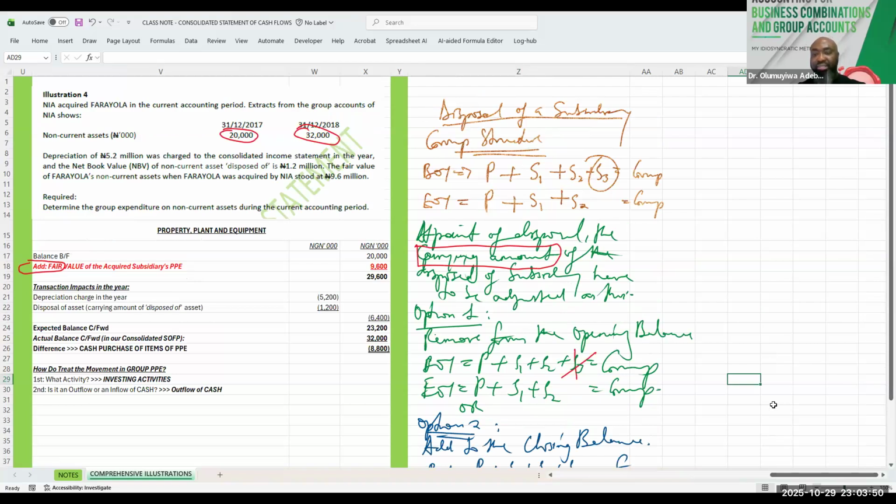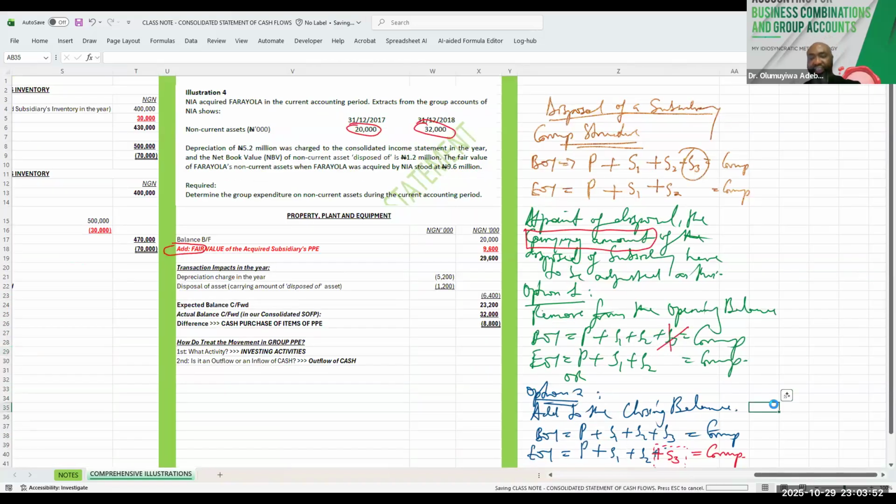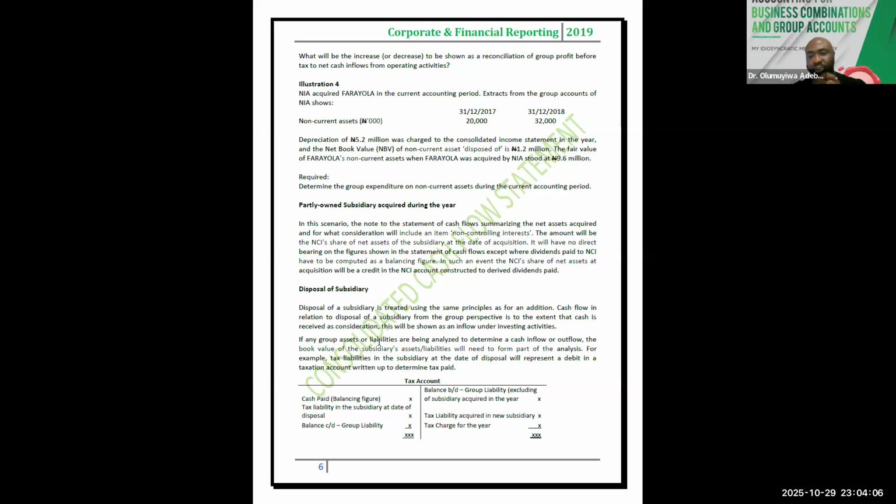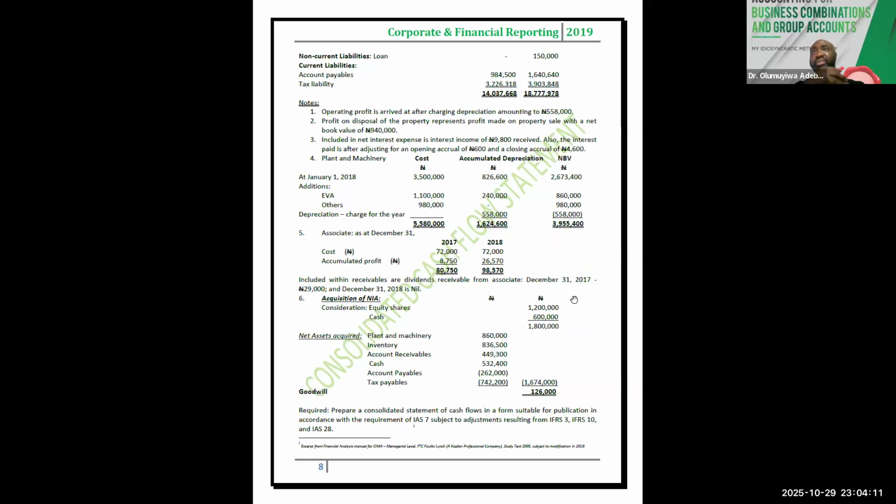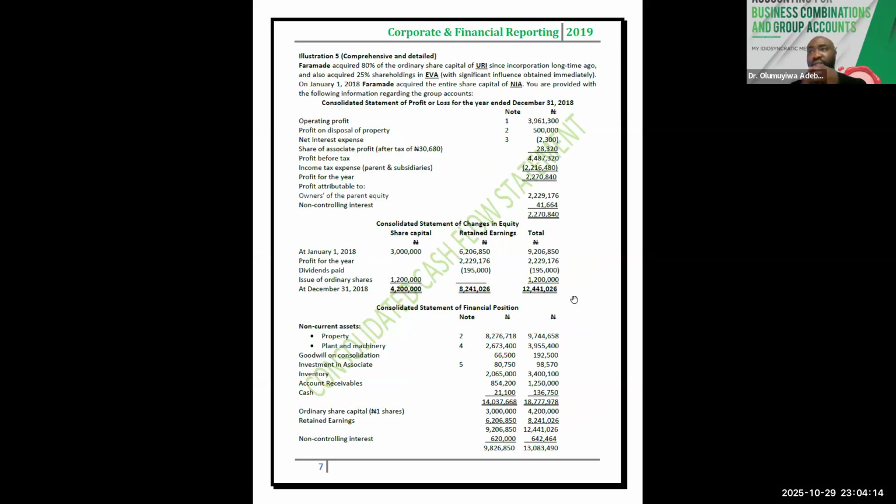On that premise, we finished the introductory aspect of consolidated statement of cash flow. What happens now is that in our next class, probably tomorrow, we will look at this comprehensive problem, either this one or the one that was examined 2 or 3 days ago, in which many students find it difficult to attempt.